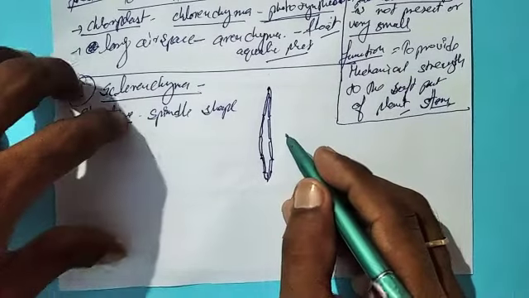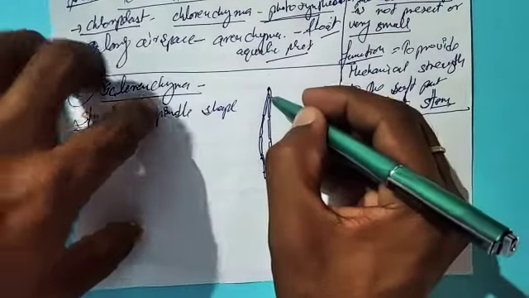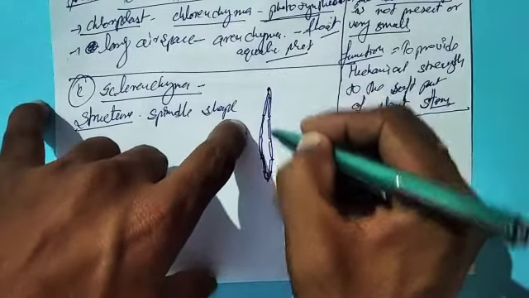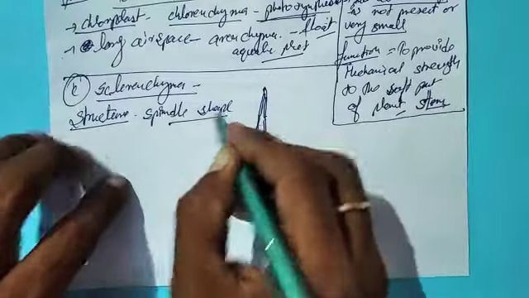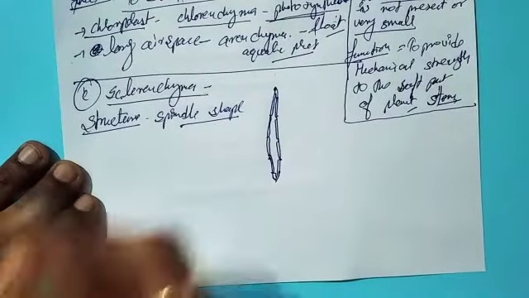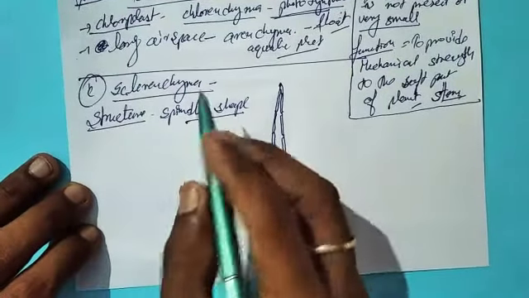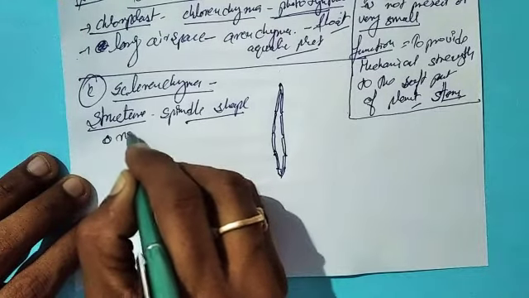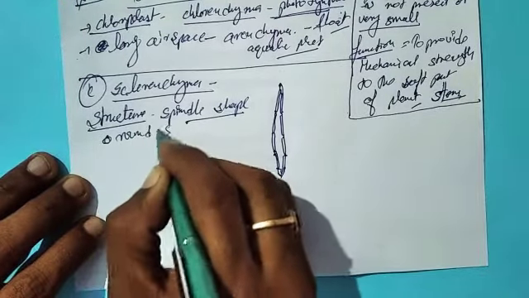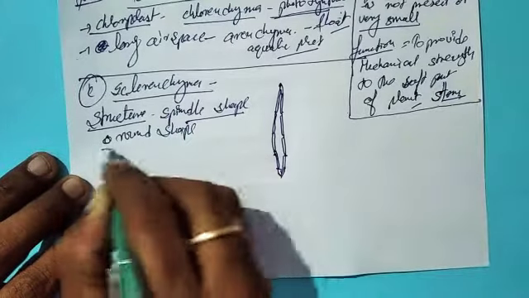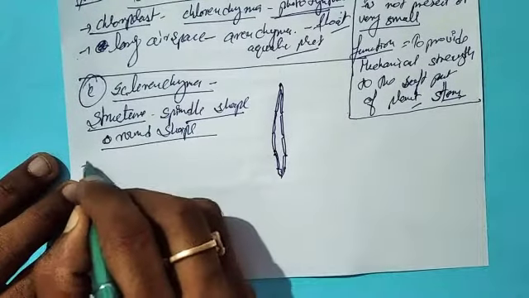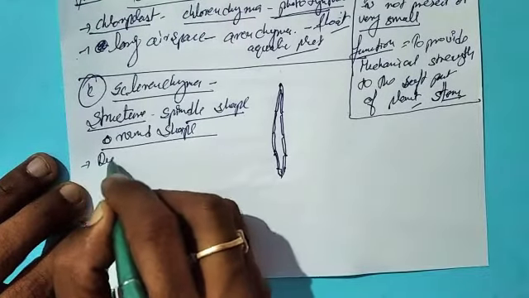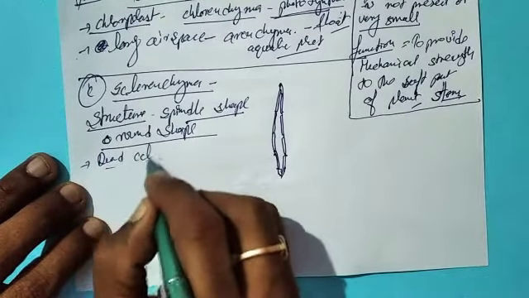If you see the transverse section or longitudinal section, it seems spindle shape, or sometimes they are also round shape. The very important thing is that they are dead cells.